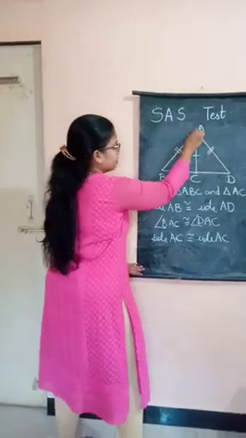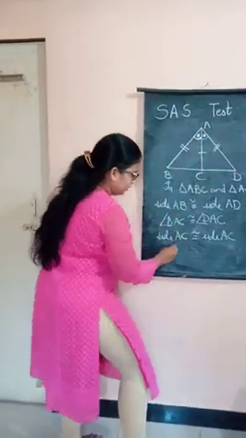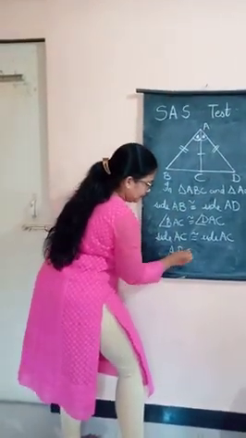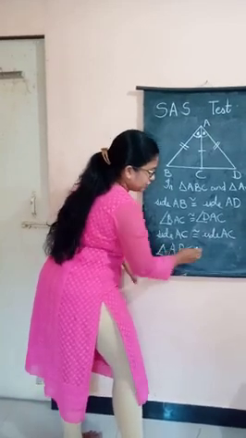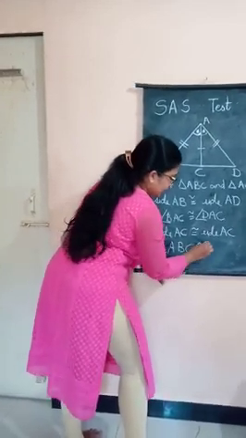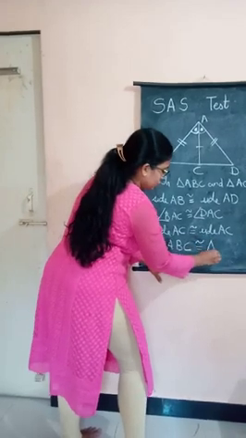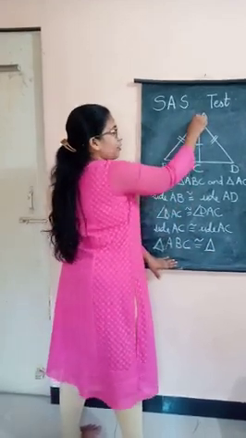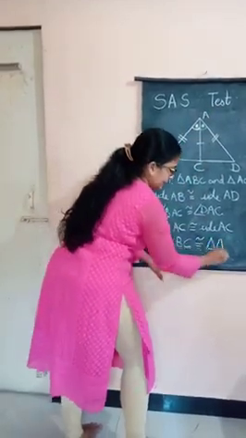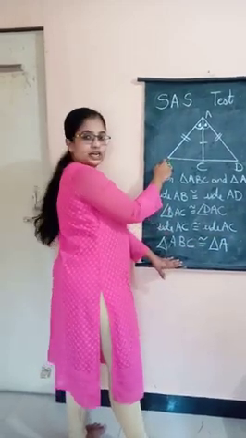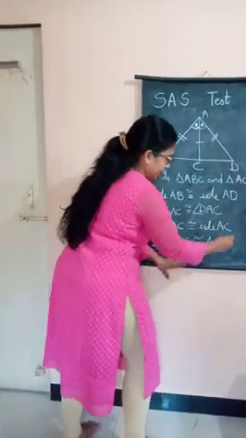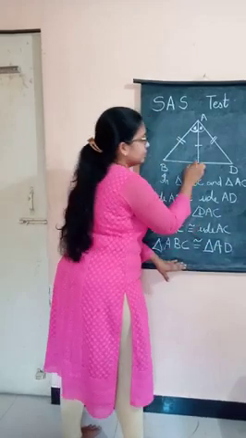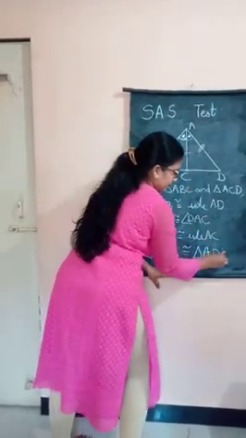So when you start writing the name of this triangle as ABC, you will write it as triangle ABC is congruent to triangle, where the point overlapping A is A, the one which corresponds to B is point D, and the one which corresponds to C is C.